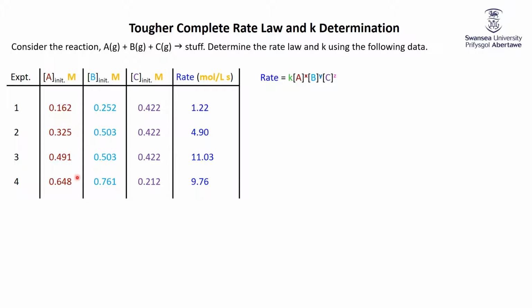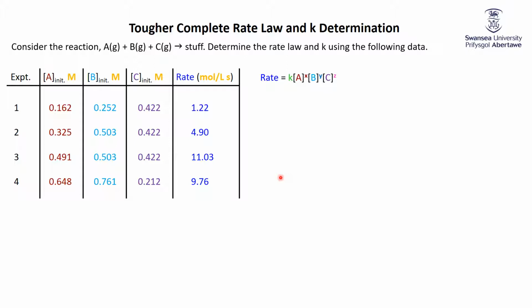Now when you look at these, if you're sort of hot with numbers, you can see the relationships there. But other people might not be so hot. What's the relationship between 0.491 and 0.648, for example? Okay, so when you've got nastier numbers like this, there's 2 processes you can try.